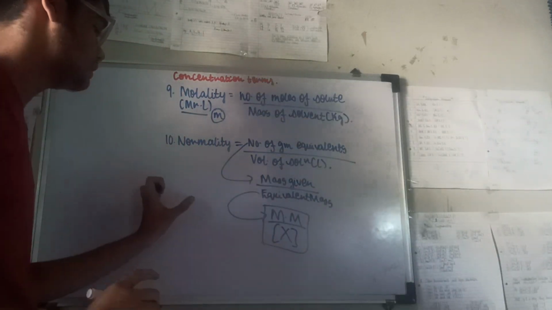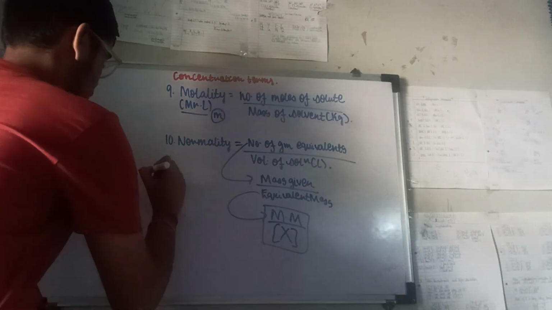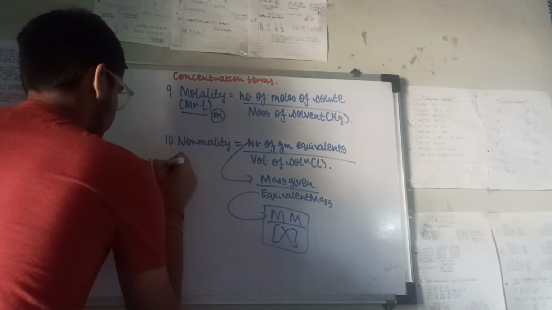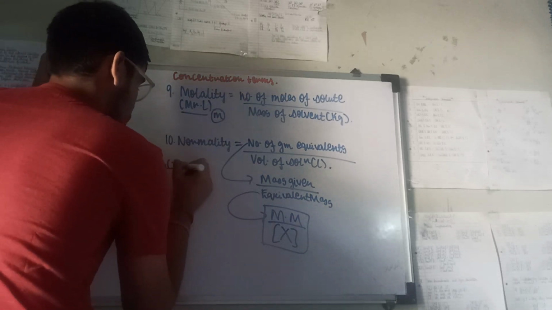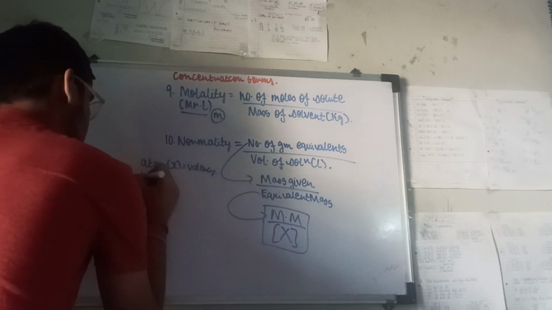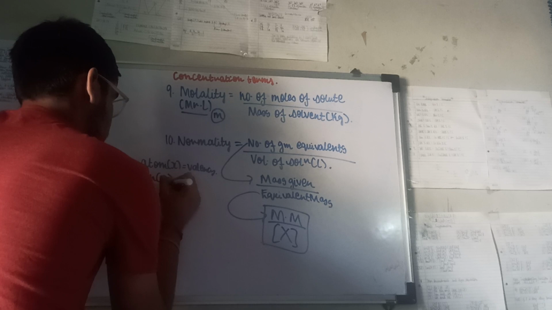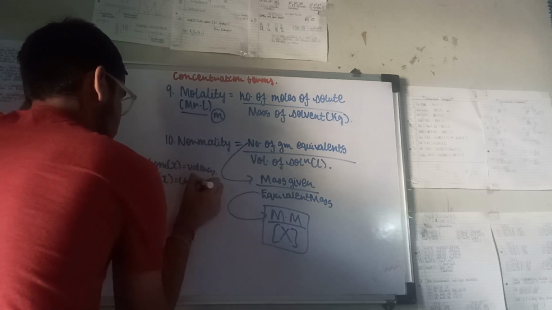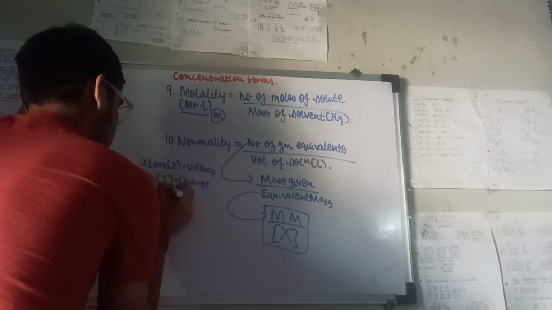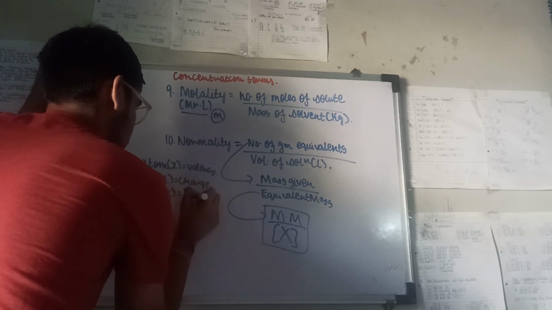Now let's discuss cases of X. For atom, X is the valency. For ion, X is charge on ion. For acid, X is basicity.